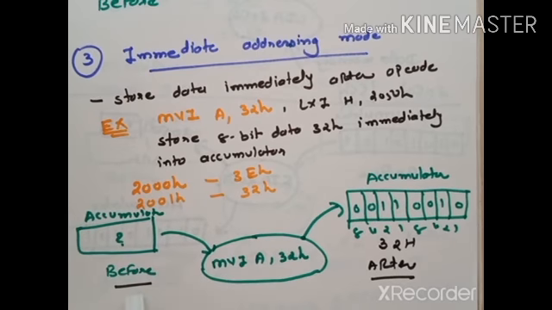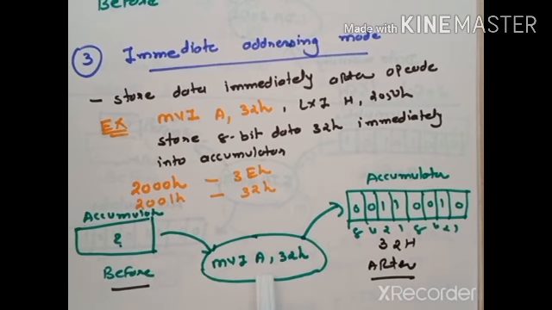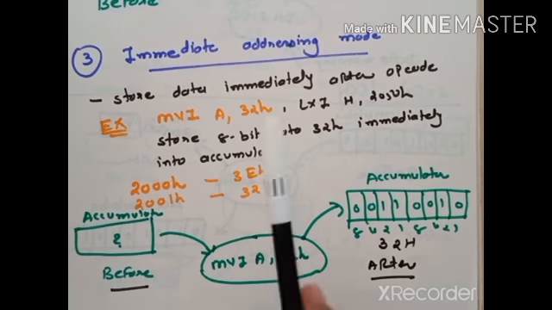Before execution, the content of the accumulator is unknown. After execution, the content of the accumulator is 32H. That means 32H is immediately transferred to the accumulator. That's why this mode is immediate addressing mode.